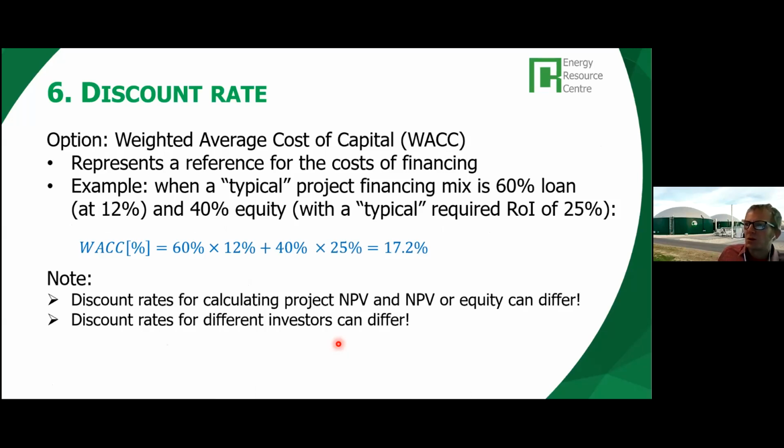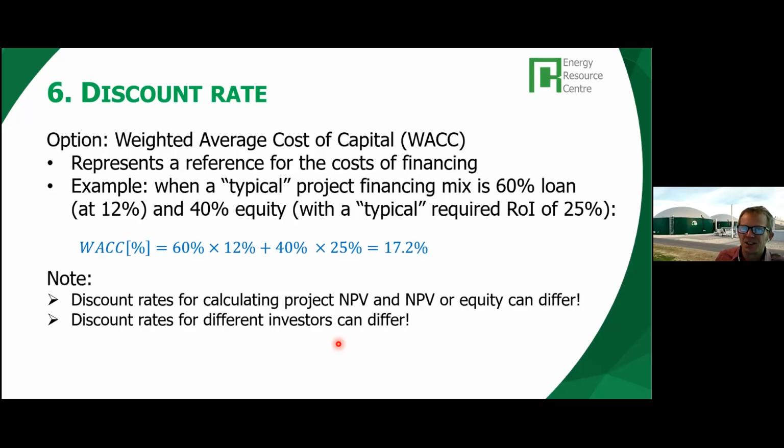Now, one option of choosing a discount rate, which is relatively easy, is to use the weighted average cost of capital. That means if you look at what would be a so-called typical financing mix for a project, it could be, for example, 60% loan and 40% equity.